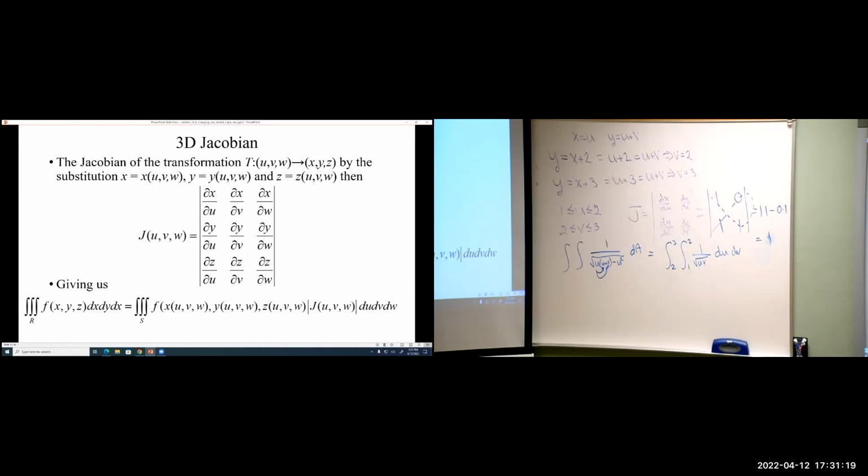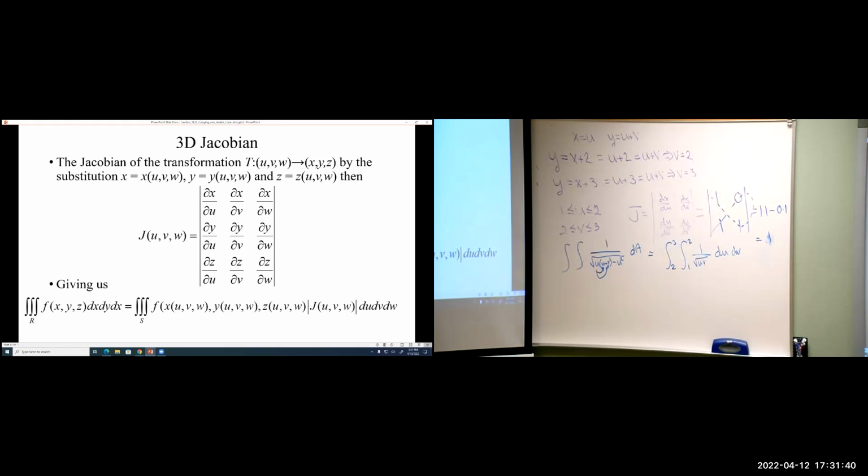I didn't want to spend a ton of time on this section because we're not doing a ton of stuff with it. Like I said, you've already done most of the substitutions by having done cylindrical, polar, and spherical. But I wanted you to see the Jacobian.